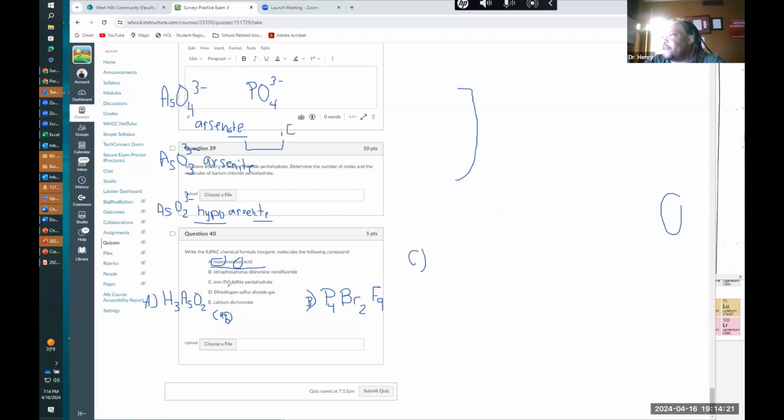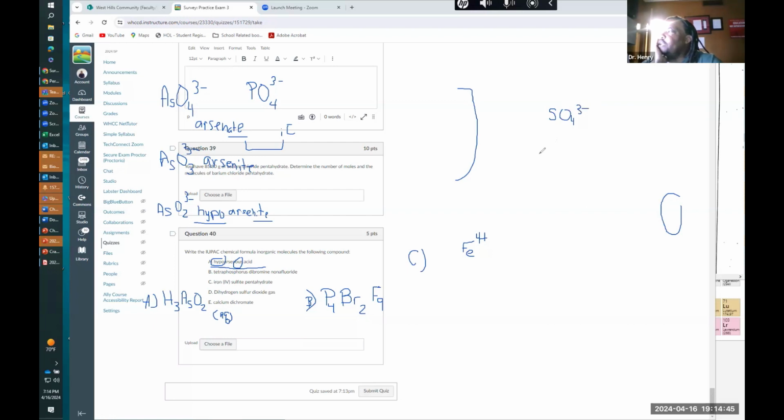So C, it's iron 4. So symbol for iron, Fe. And then 4 means it's 4 plus. I'm going to go ahead and put the 4 plus right now, and we'll fix it at the end. And then it's sulfite. So sulfate was SO4, 3 minus.